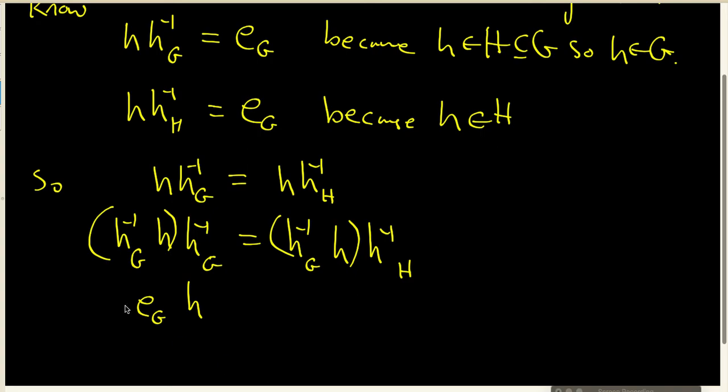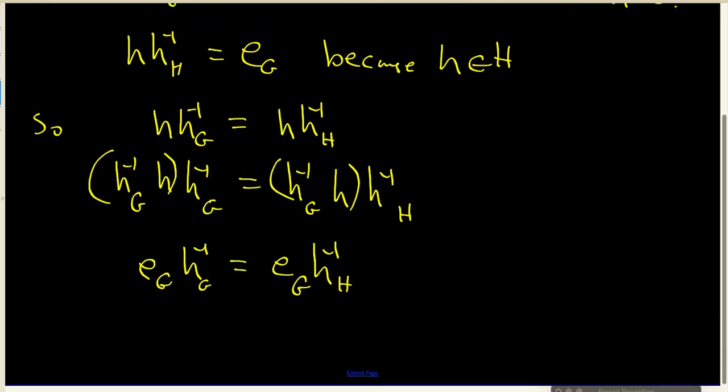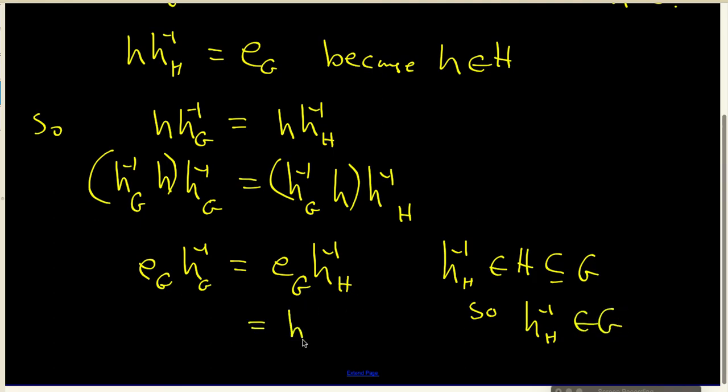So we get e_G times h inverse sub G is equal to, well, this is e_G again, times h inverse inside the group H. But now remember, this element lives inside H, which is a subset of G, so this element is inside G, and that means this side is just h inverse inside set H. Whereas on this side, this is inside G, so this side becomes h inverse sub G. So h inverse sub G and h inverse sub H are exactly the same thing.